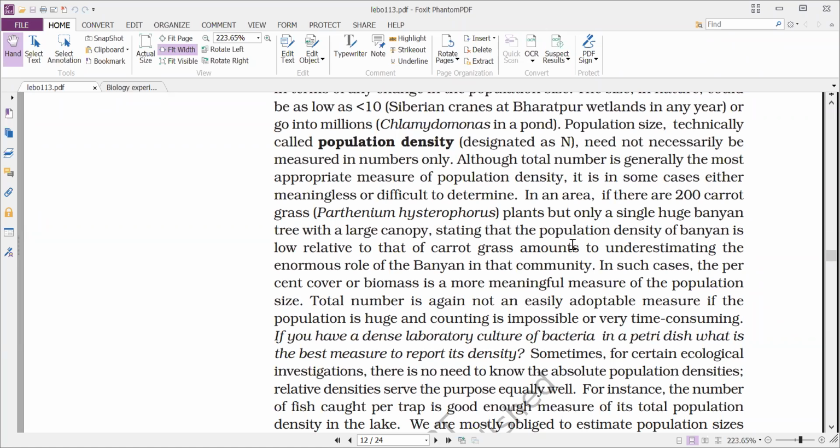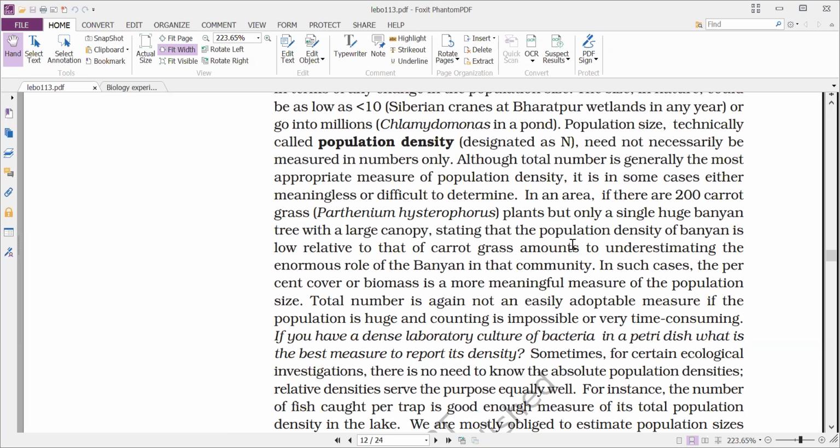That will be meaningful. So a number alone does not determine the population density. Some other factors we can also take into consideration so that we can understand the role of that organism in that community.